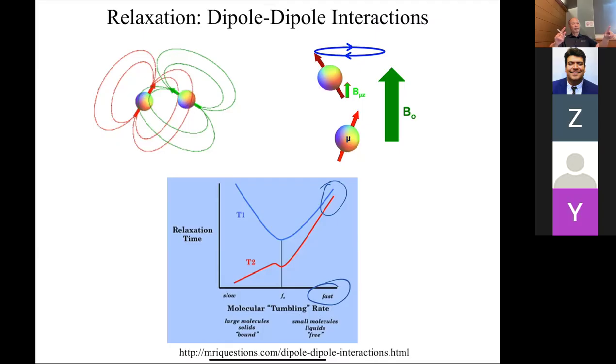It's like if you had a whole bunch of people surrounding you, and they randomly say turn clockwise, turn counterclockwise. If they say that really fast, it averages out and you're not going to turn at all. That's like a very fast tumbling rate.